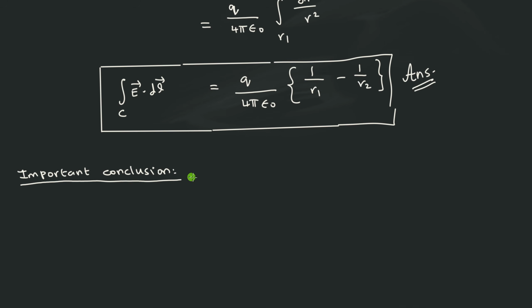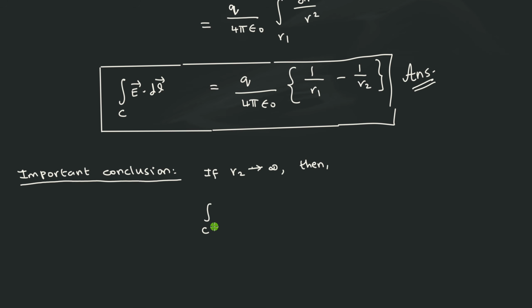Suppose you choose R2 approaching infinity. If R2 is taken to be infinity, then the integral over the contour, any contour, now that you understood that the contour can be anything, whatever contour you choose, you will get the same answer.